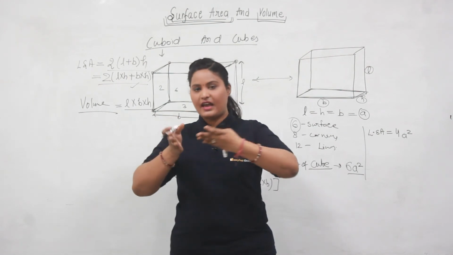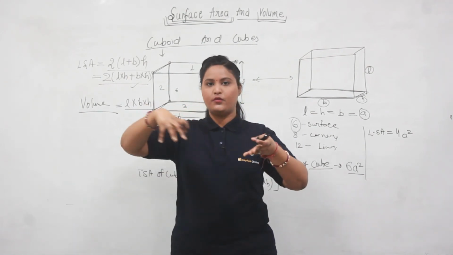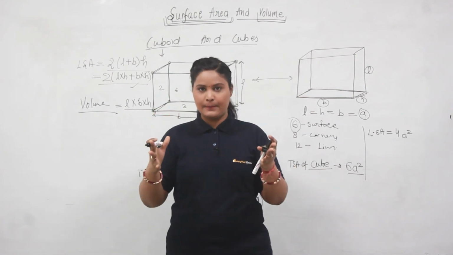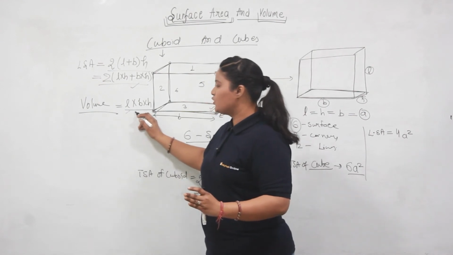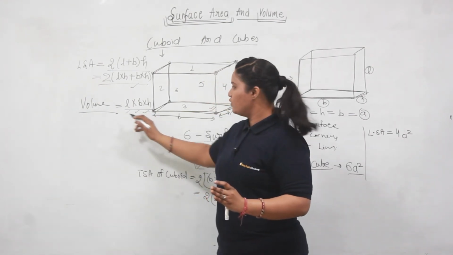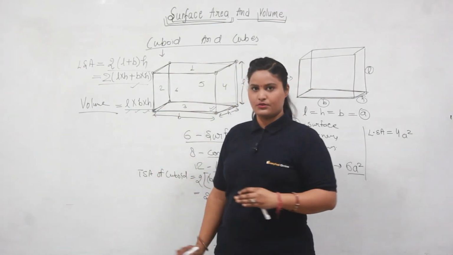So when I have another quantity, that is height, it should be filled up to what limit? To find that limit, I have to multiply length by breadth and by height. So the volume of this cuboid will be L into B into H.